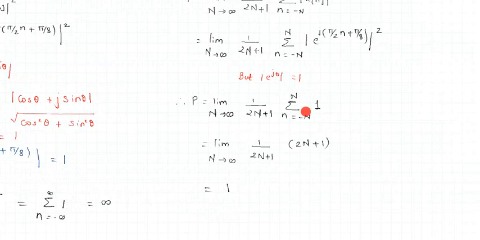You're adding 1 how many times? You're adding 1 from minus N to plus N times. So the total number of times you're adding 1 is 2N plus 1. This simplifies to 2N plus 1.